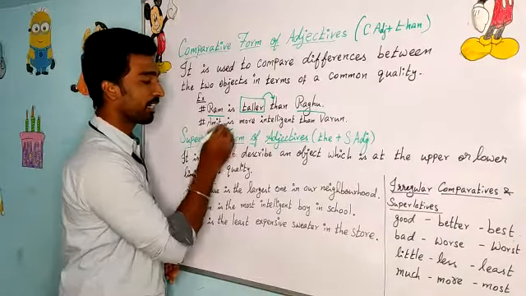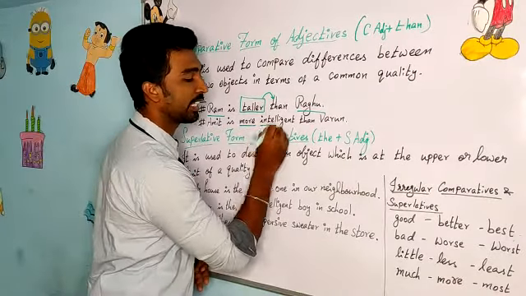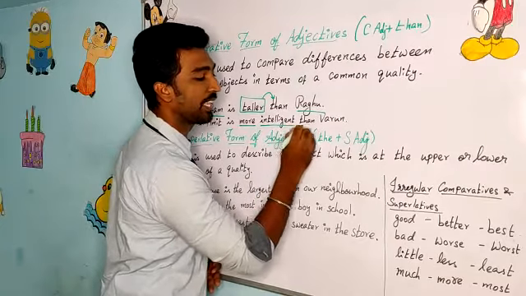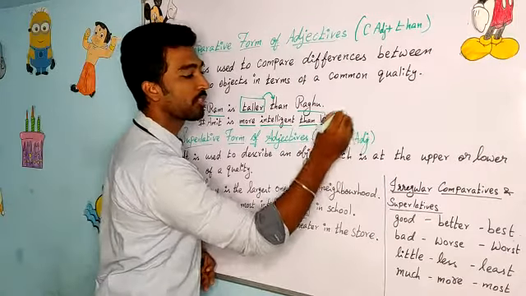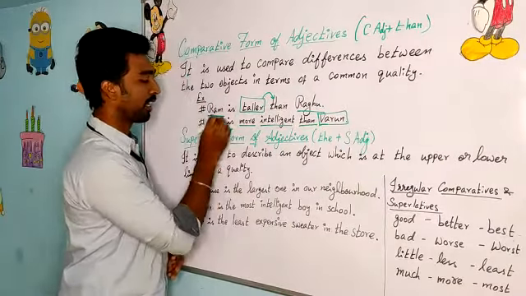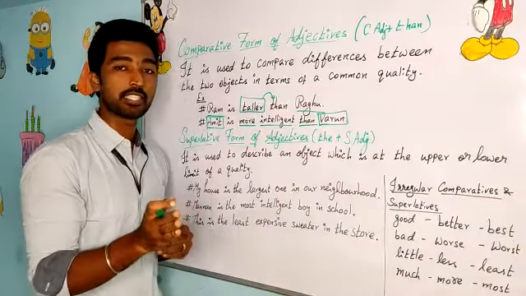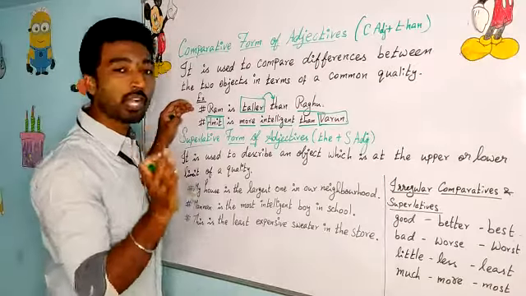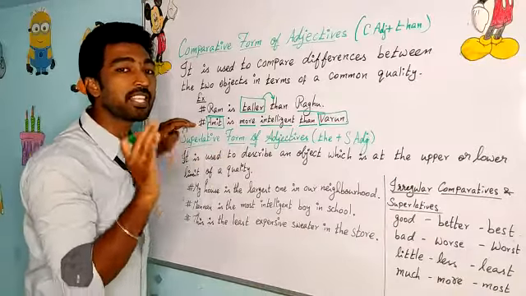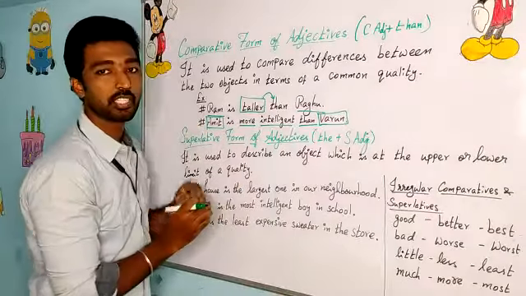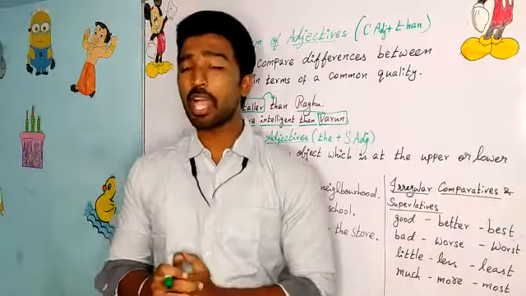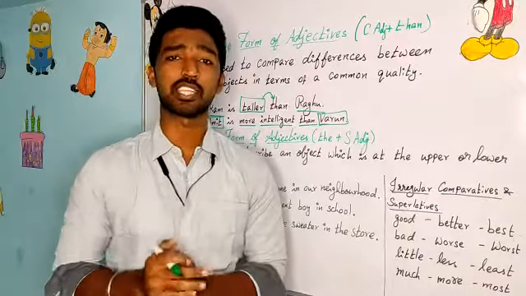So that's why we have added more, and intelligent is followed by the word than. We have two nouns, Varun and Amit. The same quality is compared in both of the sentences. The first one, the quality here is tall. And in the second sentence, we have compared the same quality, intelligent. And that is how we have to add a comparative adjective to the sentence.